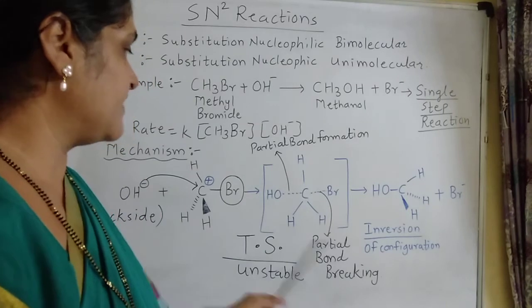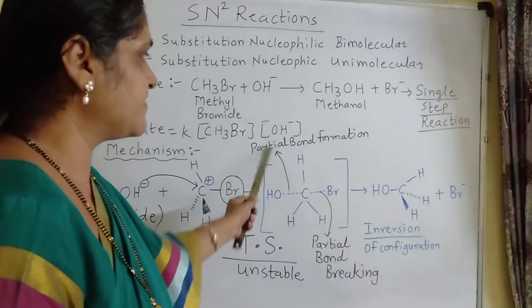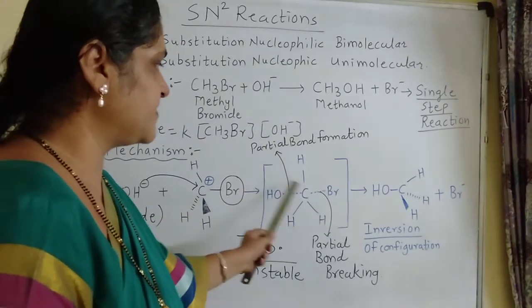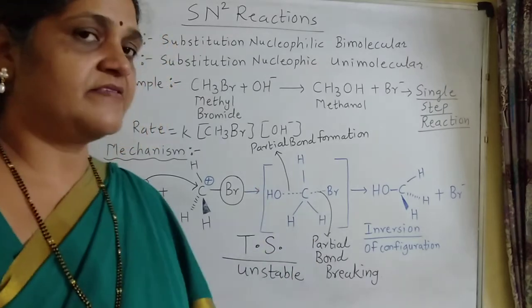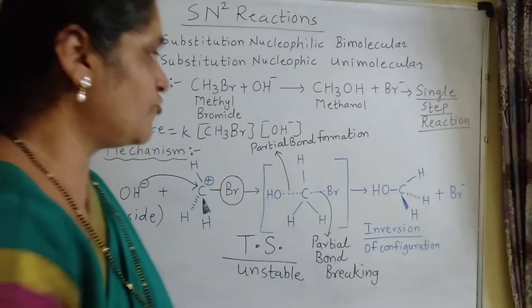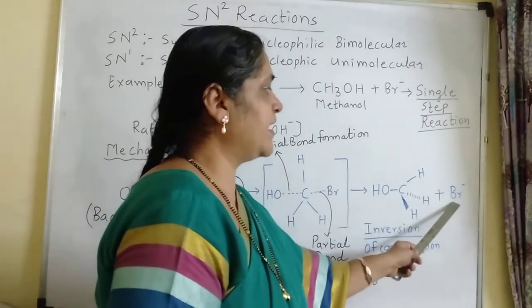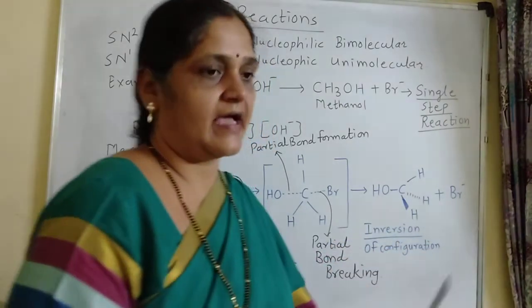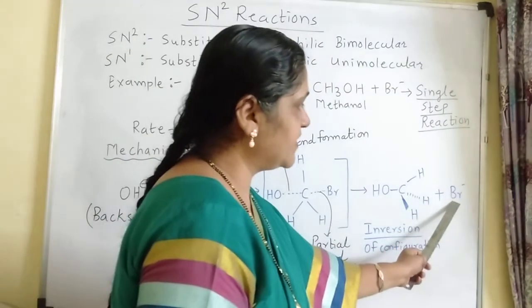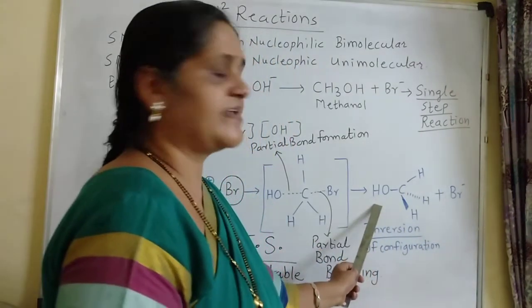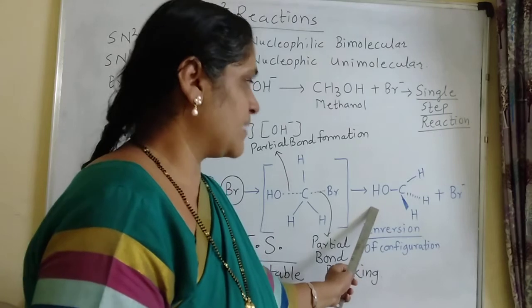Due to this unstable condition, the bond formation with the OH nucleophile and the bond breaking with the halide ion are very fast. So here Br minus gets separated and OH minus ion is joined with the carbon atom.